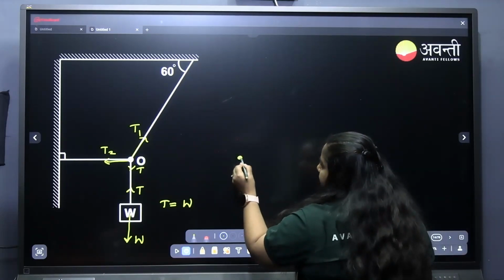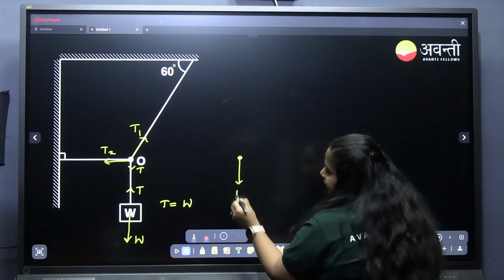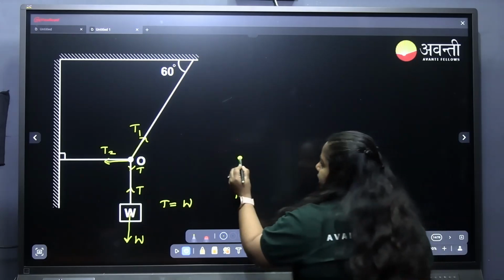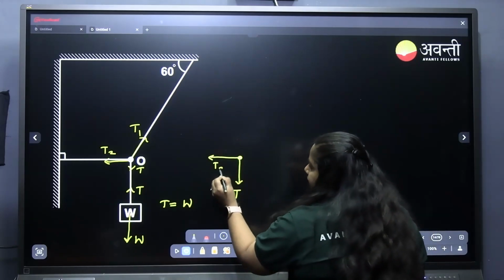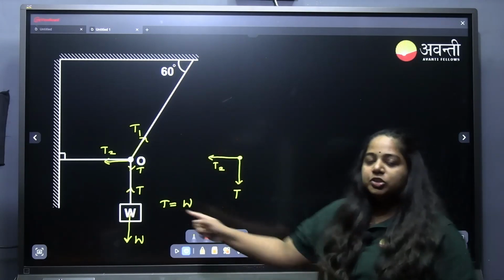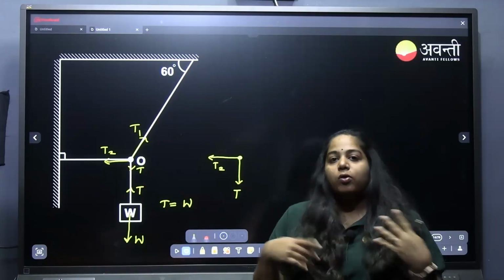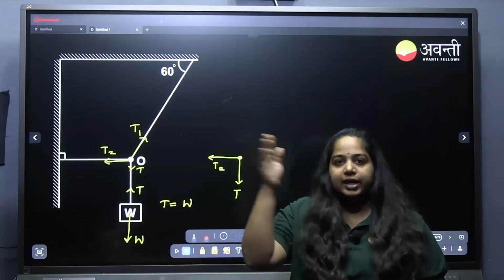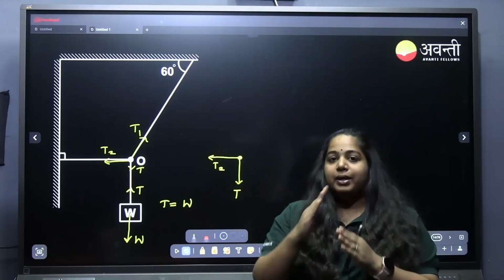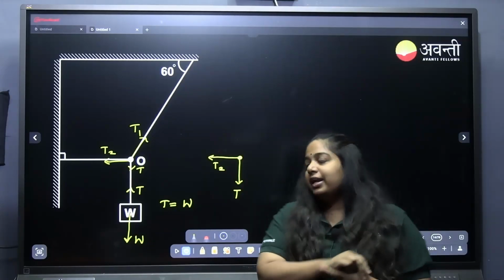So this is the point O, T is acting in this direction, T2 is acting in this direction. As you can see, T1 is acting at an angle. We want all the forces in vertical or horizontal direction, but T1 is acting at an angle.